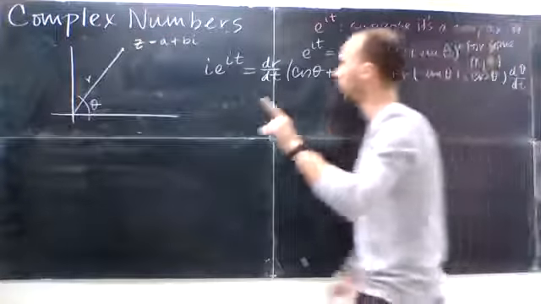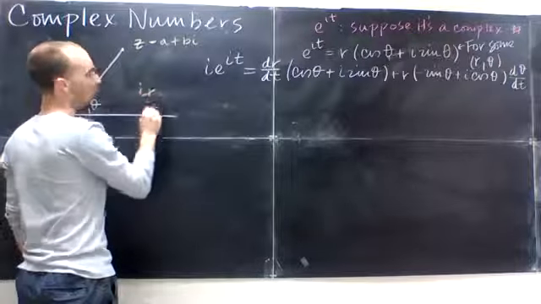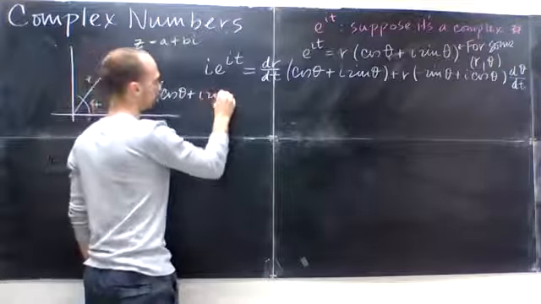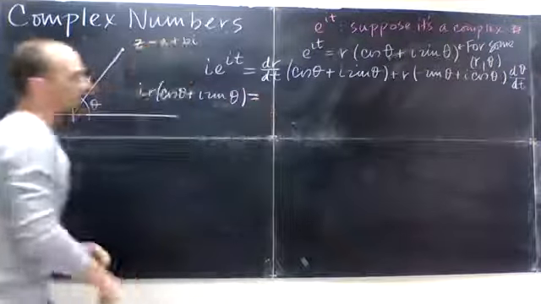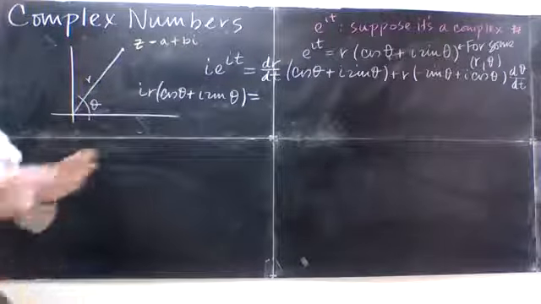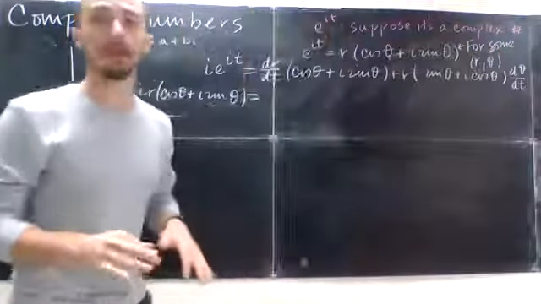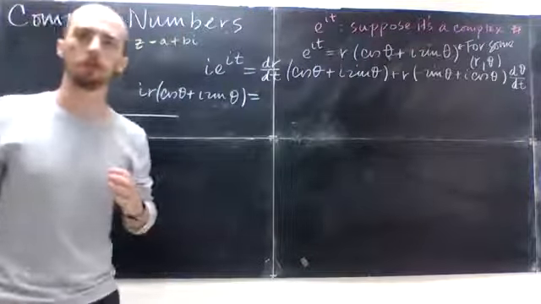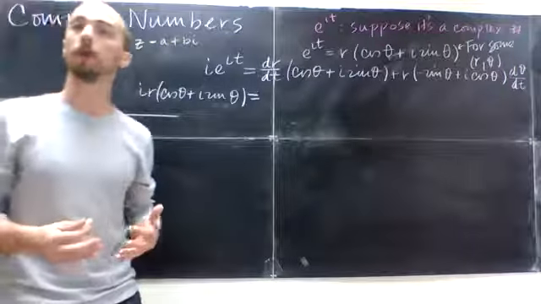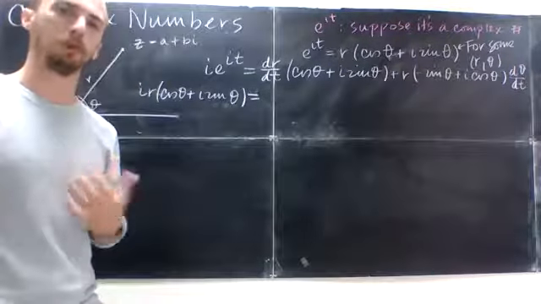So what I'm going to say is i times r times cosine of theta plus i sine theta is going to be, and then I'm going to distribute and separate based on real and imaginary parts, which is a really common algebra trick when you're dealing with a complex number situation: equating real and imaginary parts. Kind of similar to the partial fractions problems where you end up having higher powers.